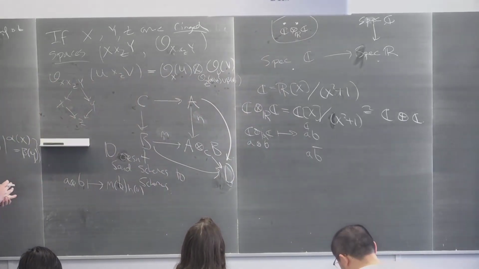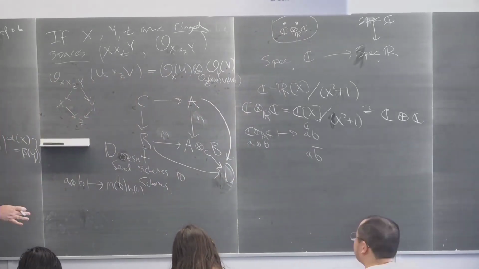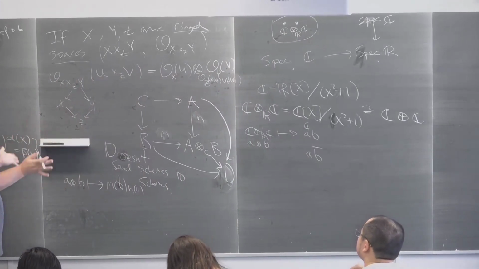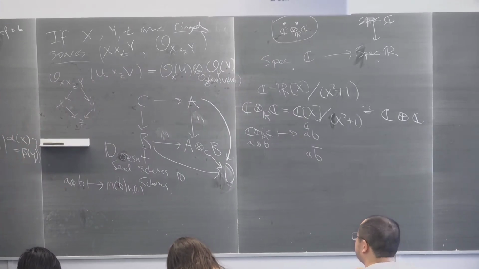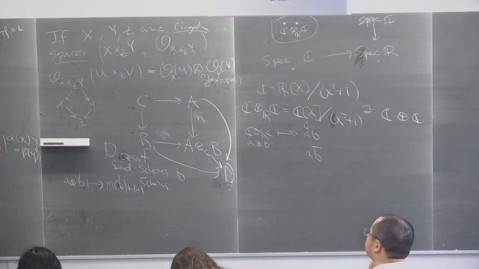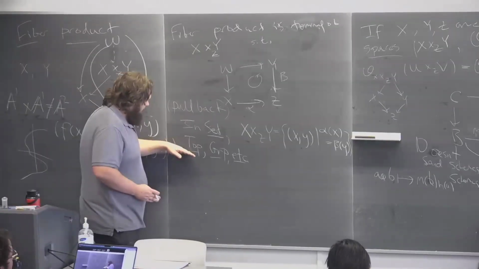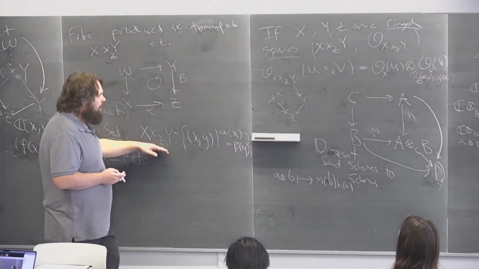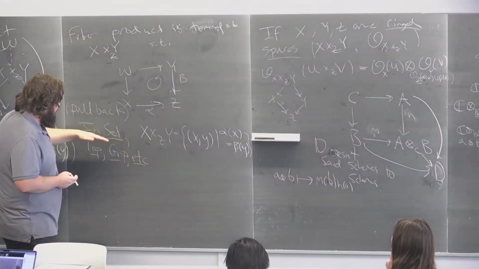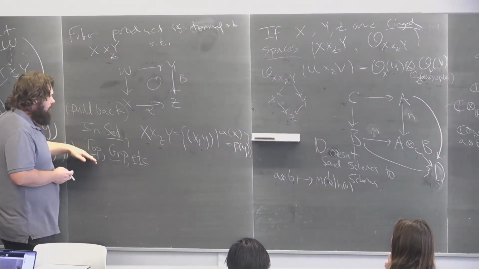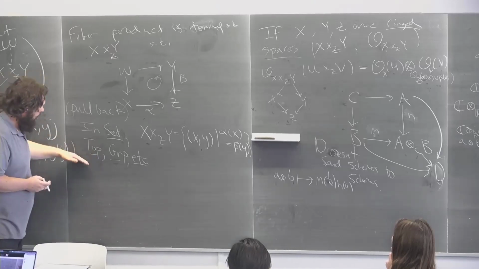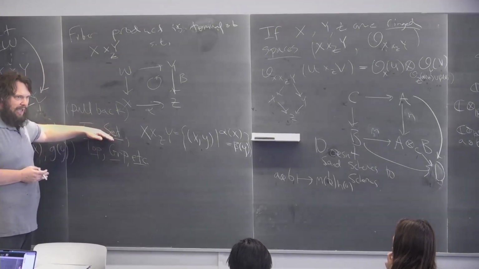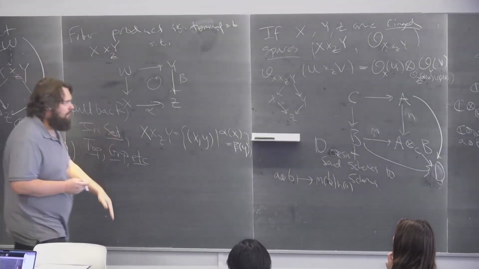So I think maybe a better way of answering what you were coming to, which I don't know if it's that helpful, but we'll see. So why is it that in sets and topological spaces and groups, we can do this? The reason is, well, this isn't true in groups, but in sets and in topological spaces, you can interpret the underlying subset of the space as a Hom space in the category.